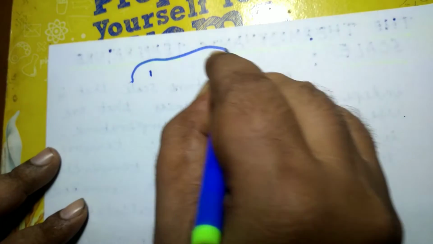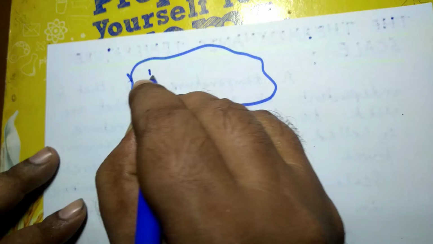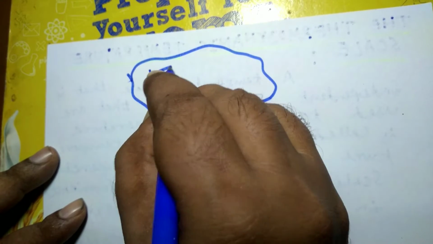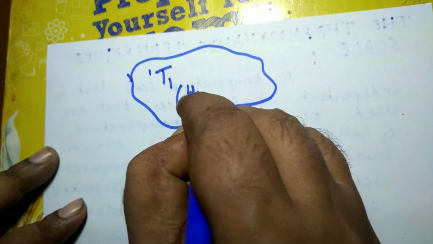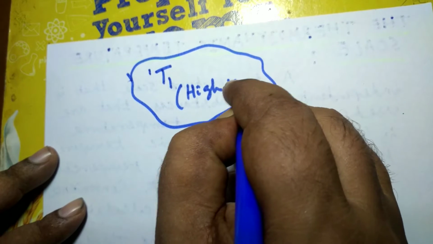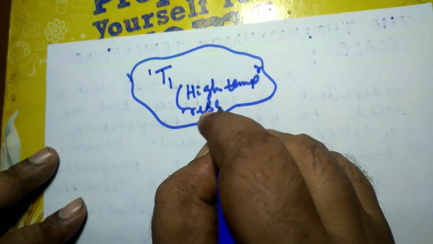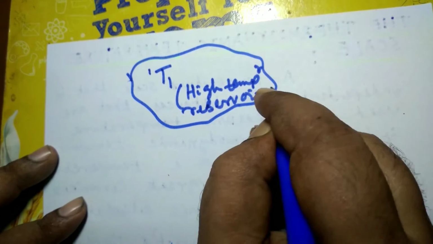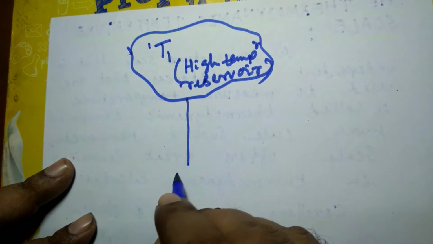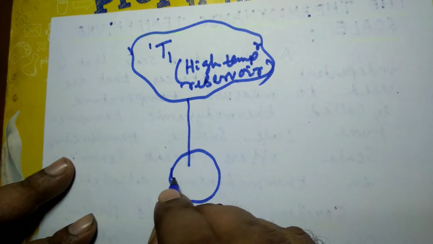Suppose there is a high temperature reservoir, or high thermal energy reservoir, or source, which is at T1, and there is a reversible heat engine.